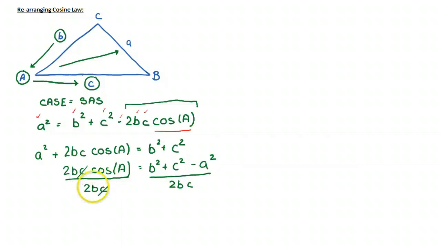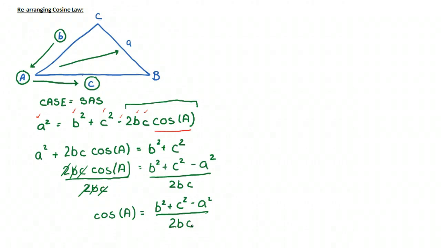So the c's cancel out, the b's cancel out, and the 2's cancel out. So I'm left with cos A equals b squared plus c squared minus a squared over 2bc.